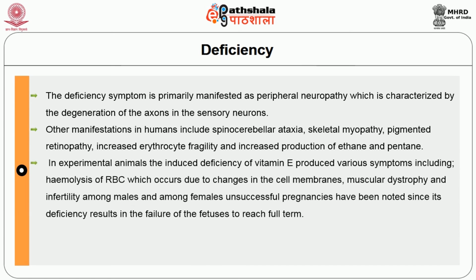In experimental animals, the induced deficiency of vitamin E produced various symptoms including hemolysis of RBC, which occurs due to changes in the cell membranes, muscular dystrophy, and infertility among males, and among females unsuccessful pregnancies have been noted since its deficiency results in the failure of the fetuses to reach full term.